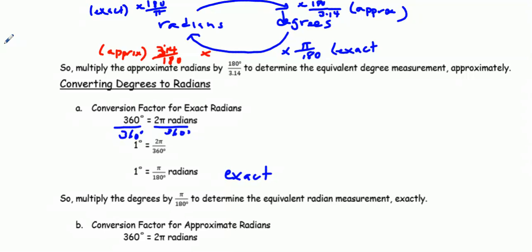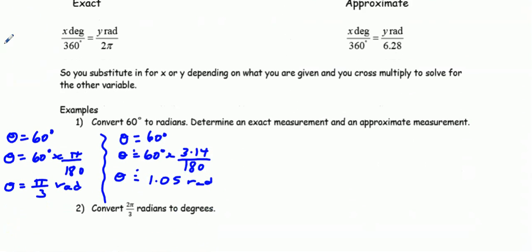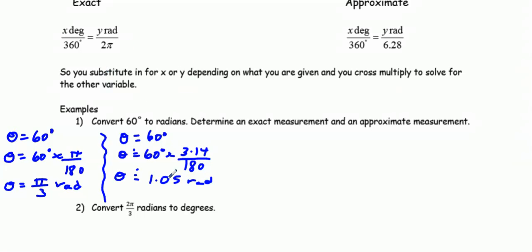All right, so let's go back. I got an answer of 1.05 for 60 degrees. That makes sense to me, given what we just looked at. If I wanted to use the proportionality method, then I have 60 degrees over 360 degrees equals x radians over what matches with 360, 2 pi.